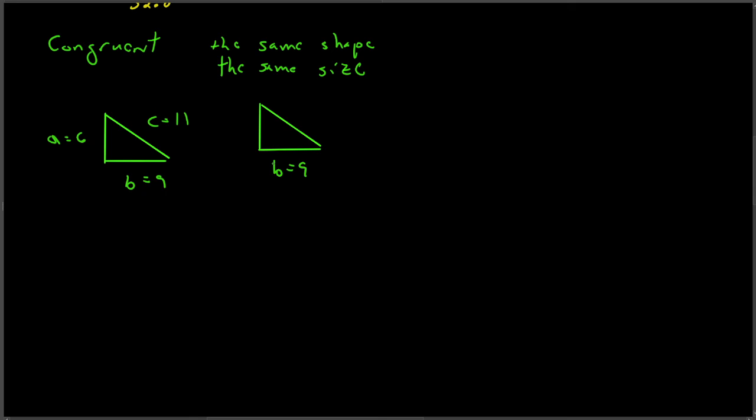I'll give it different letters, and let me go alphabetically. This side, D equals 6, E equals 9, and F equals 11. They have the exact same lengths. And that means they're going to end up having the exact same angles.